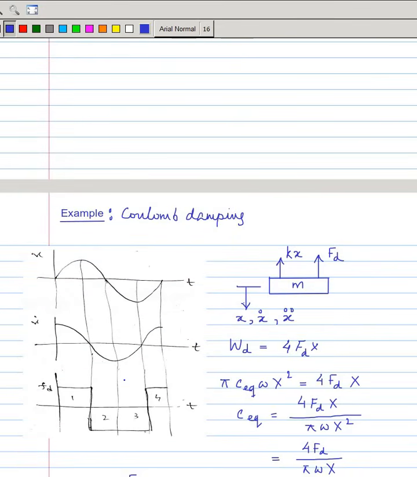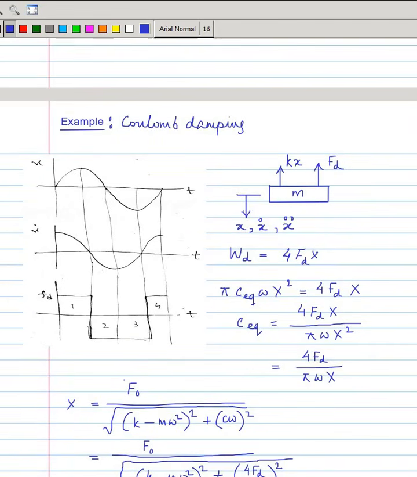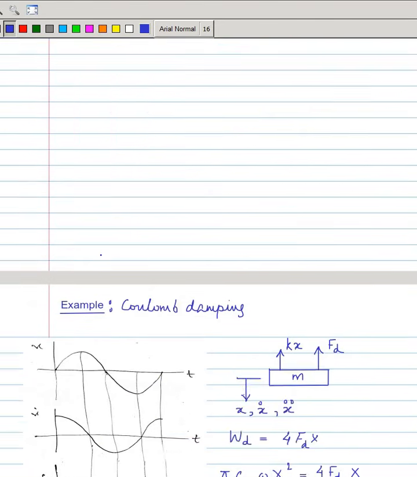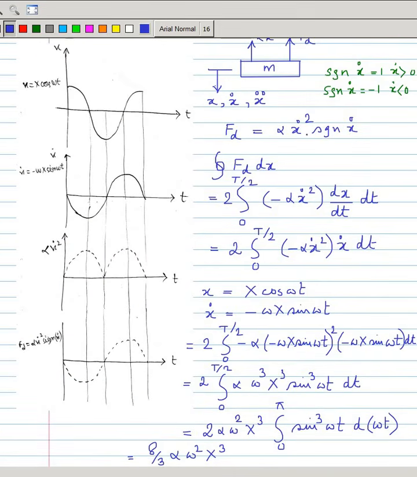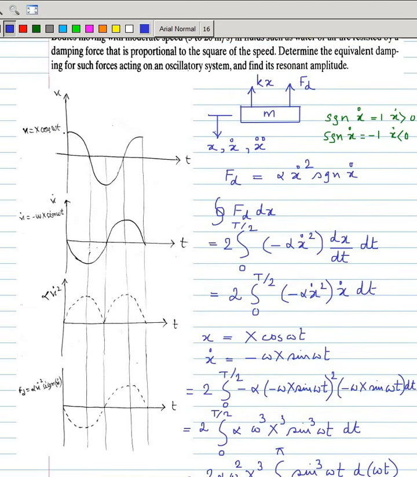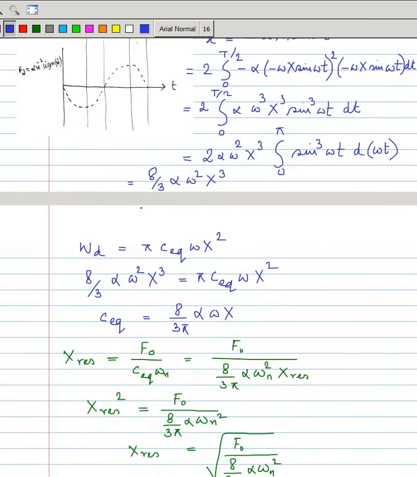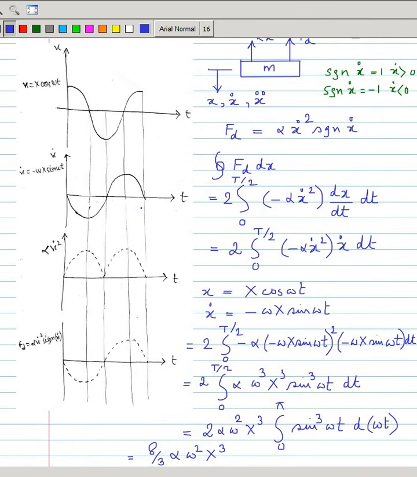Now the next example is of Coulomb damping. So in Coulomb damping, suppose this is x sin omega t. Though this is a nonlinear type of damping, we still assume that the vibration is harmonic, because the displacement we are taking as harmonic.